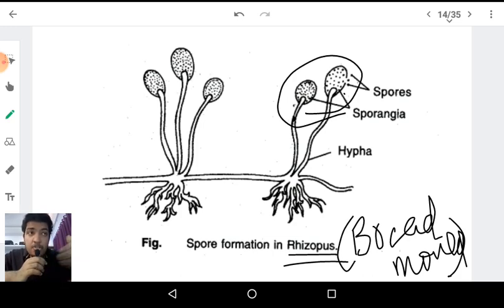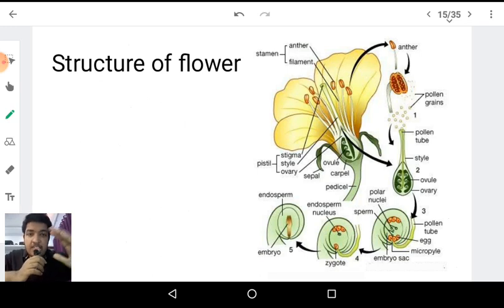Now coming to the next topic, that is sexual reproduction in higher organisms. Sexual reproduction is mainly seen in plants as well as in animals. However, certain lower organisms also show sexual reproduction. Bacteria do not show true sexual reproduction.